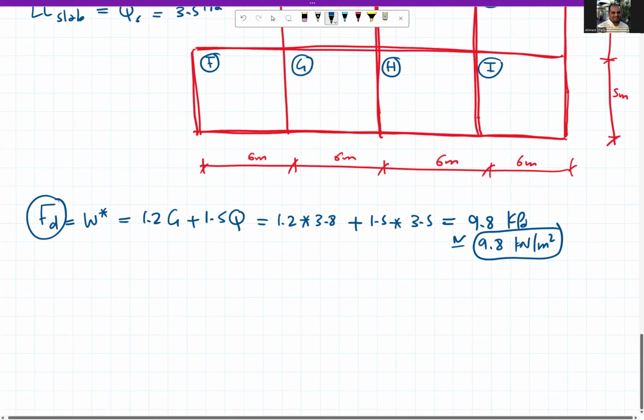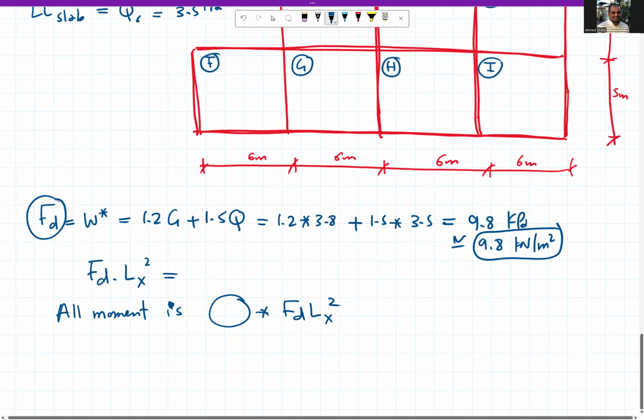So now we can find the value FD times Lx squared directly, because all the moments are a factor times FD Lx squared.